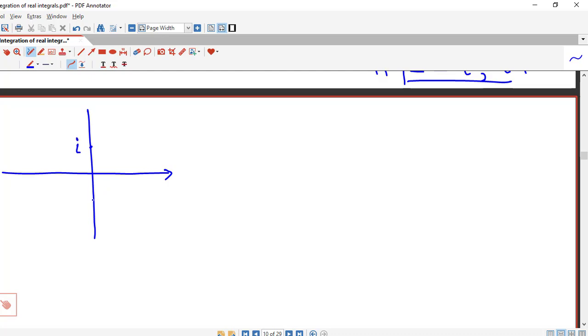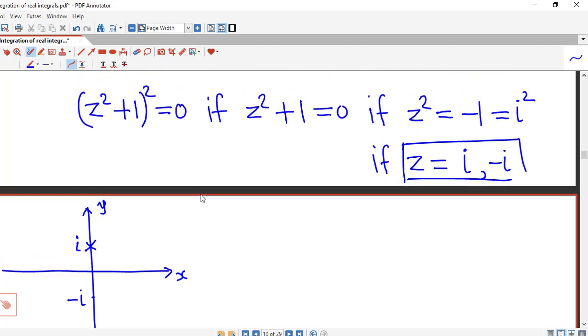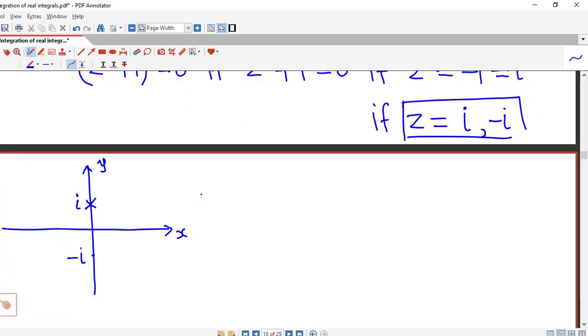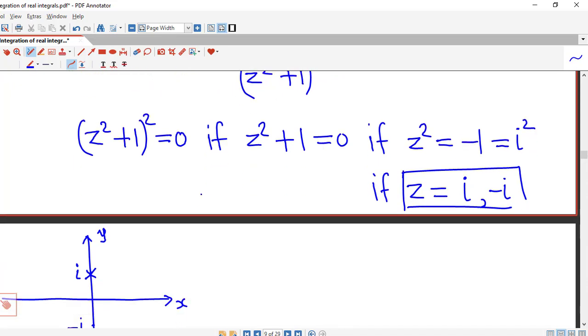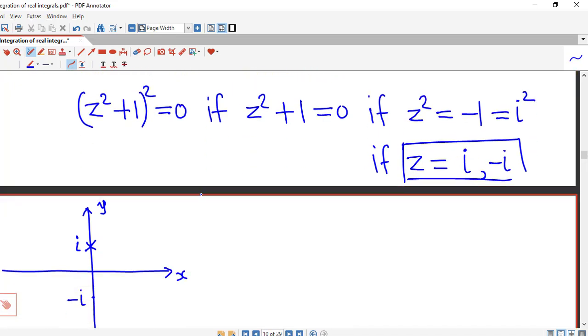Okay, here we have, suppose this is rough sketch. So here x axis, y axis. So only z equal to i is of our interest because it is in upper half plane, and z equal to minus i is in lower half plane. So we will not consider z equal to minus i. And if we recall, we have to consider a simple closed contour which encloses poles in the upper half plane.